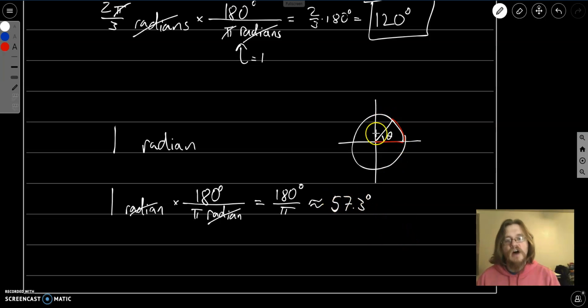Not exactly, but pretty close to a 60-degree angle. And that's just going to be the magic angle where the radius is in fact going to be equal to the arc length. In my next video, I will look at converting degrees back to radians. It's exactly the same process, and I'll go through a circle and look at where some common degrees and radians line up.